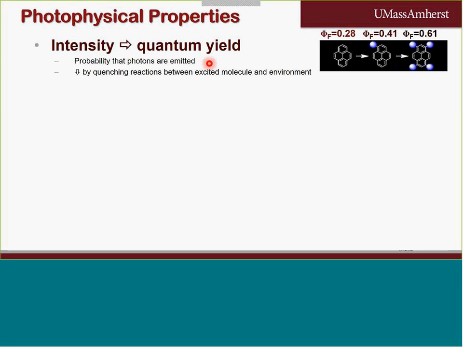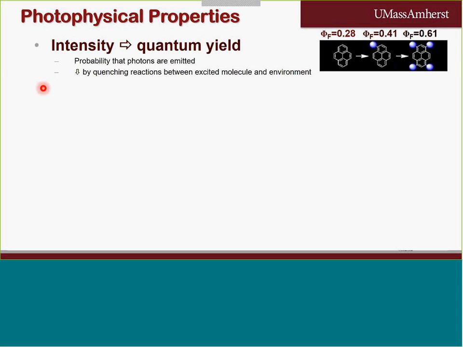Although this one can be altered by the structure of the compound that we are using, for example, if we have pyrene, the addition of butyl groups to pyrene increases the quantum yield of the sample. However, it's mostly affected by quenching reactions between the excited molecule and the environment.